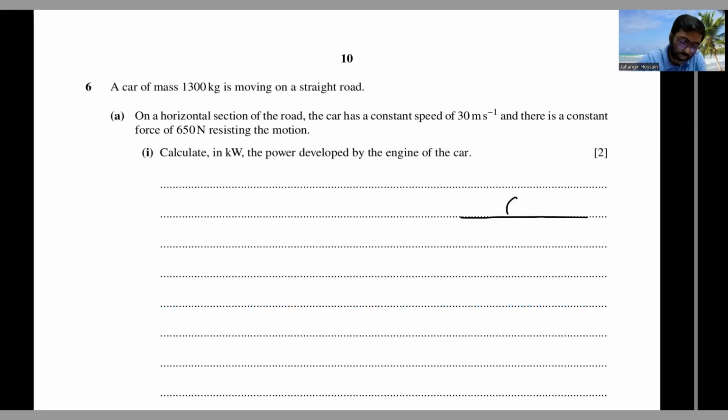So on the horizontal road, it is moving with constant speed, so the acceleration is 0. The forward driving force should equal the resistance.